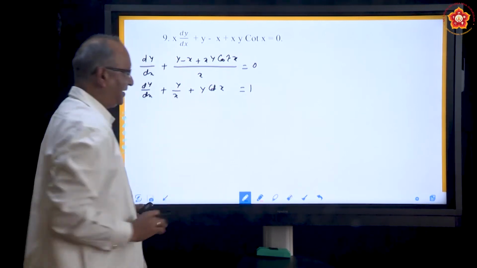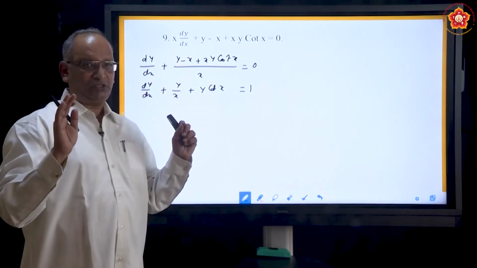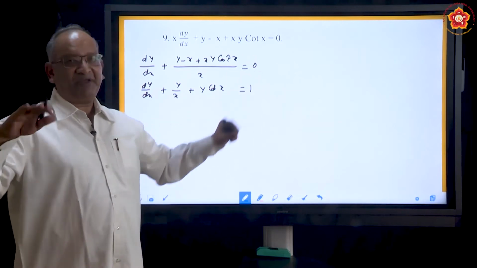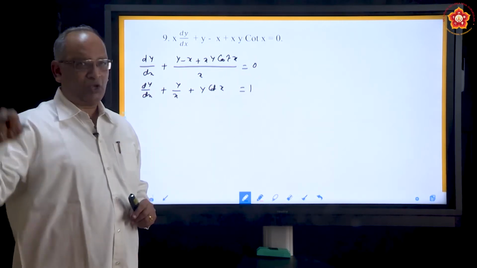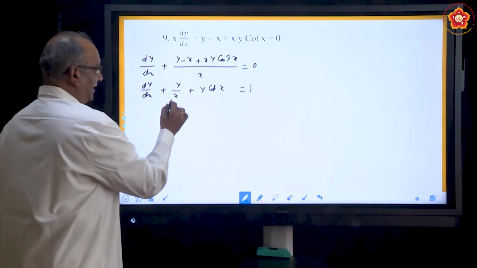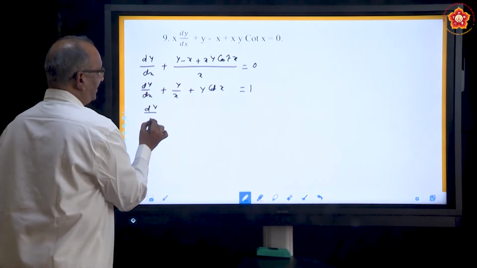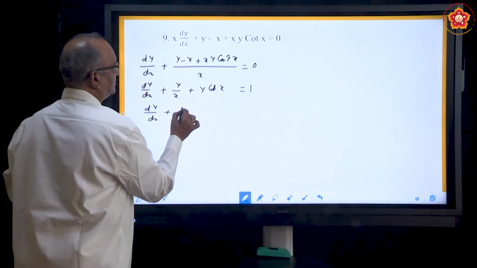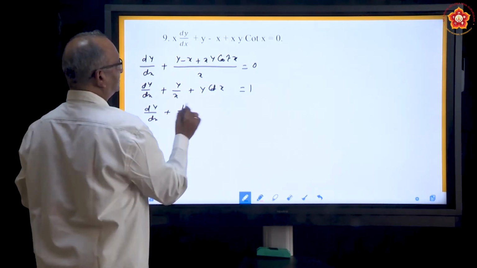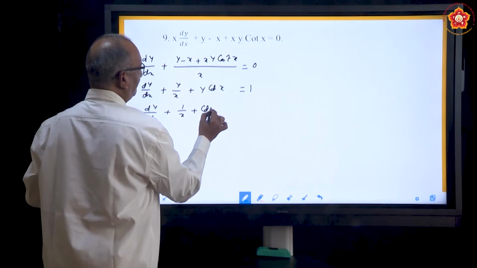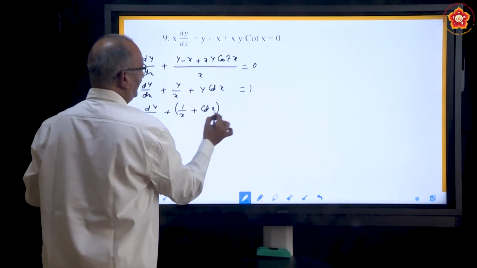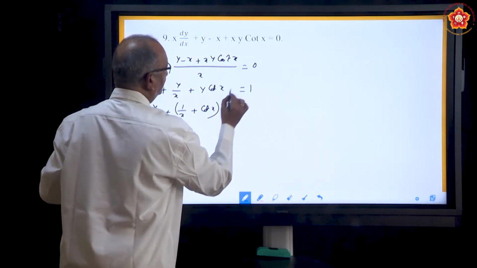Even if we try to write dx by dy, it is not coming. So, in these two, take y common. So, you get dy by dx plus 1 by x plus cot x into y equal to 1.